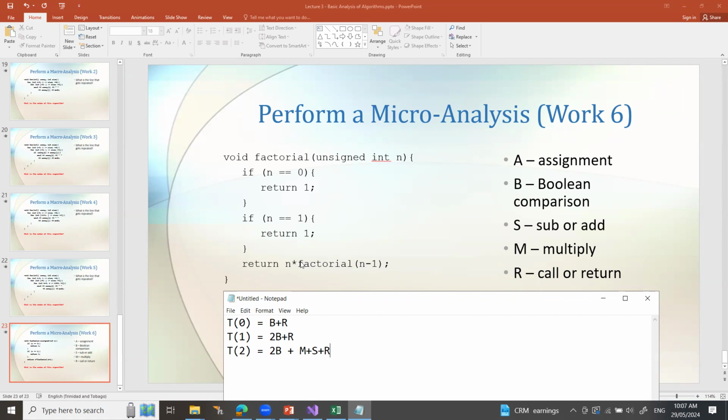I'll just summarize that as a single r. It wouldn't be exactly that, but we'll do m plus s plus r for simplicity's sake. That makes sense? And remember this has a call to the factorial of 1 at that point, so that's actually plus T of 1. Make sense?